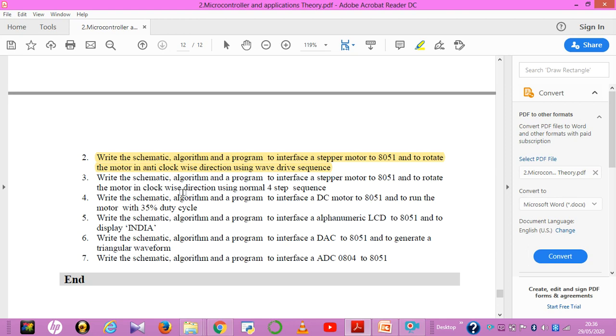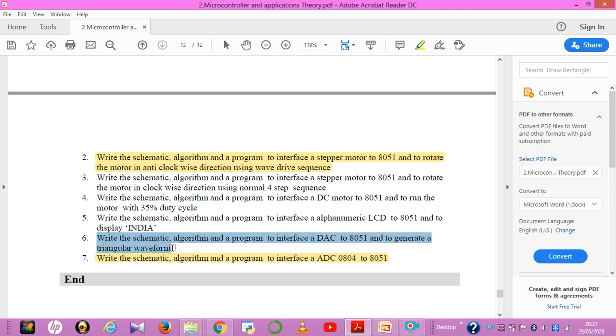Next they are going to ask: write a schematic, algorithm and a program to interface ADC 0804 to 8051. Next, write a schematic, algorithm and a program to interface DAC to generate a triangular waveform.